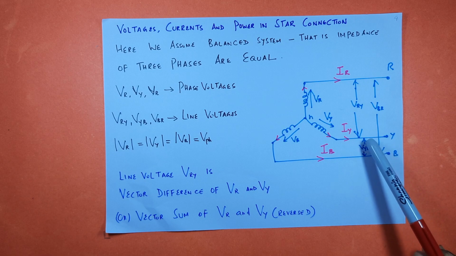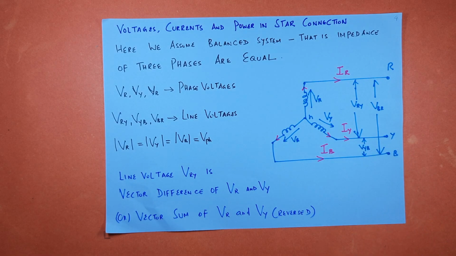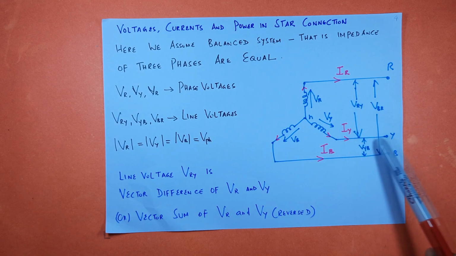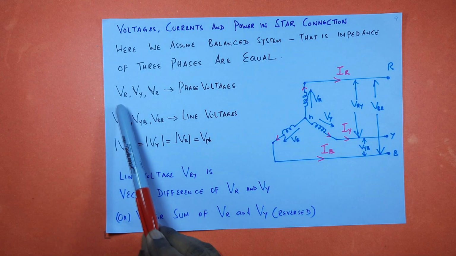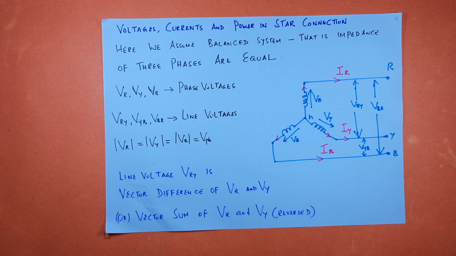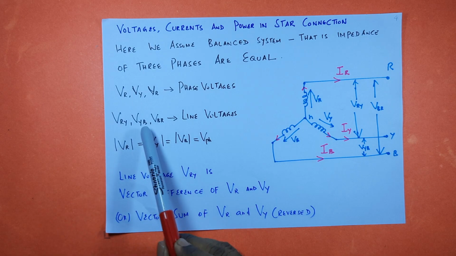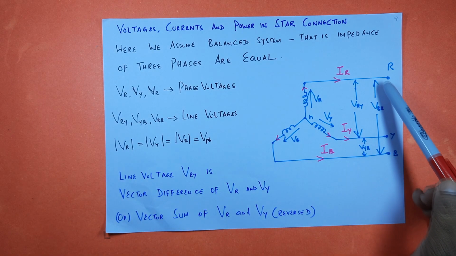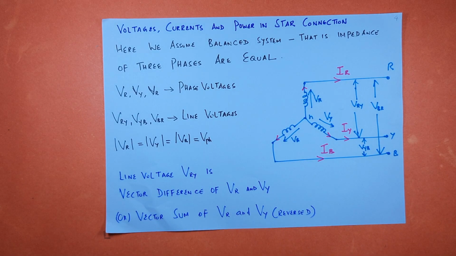Between Y and B we have the line voltage VYB. Between R and B we have the line voltage VBR. So I have written here VR, Vy, Vb, these are phase voltages. VRY, VYB and VBR, these are line voltages.